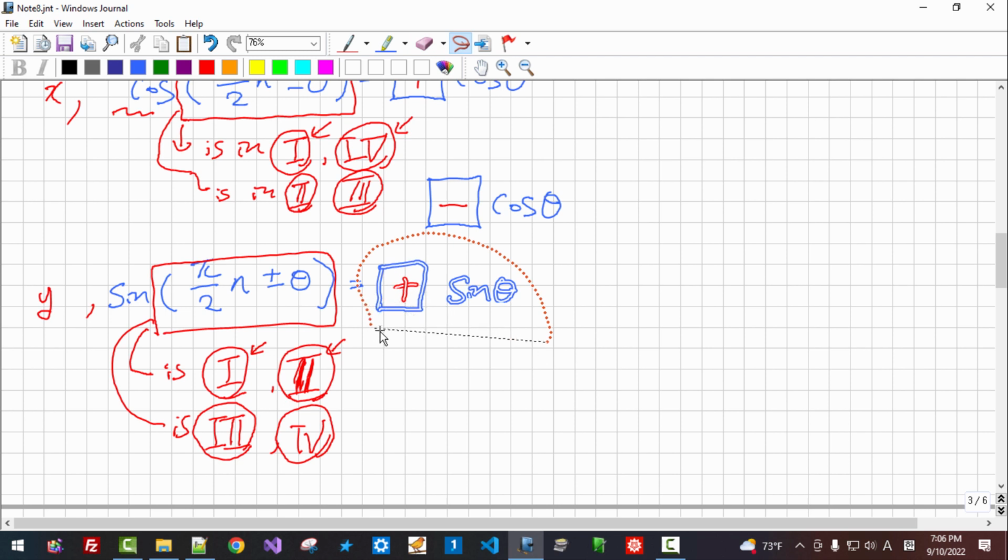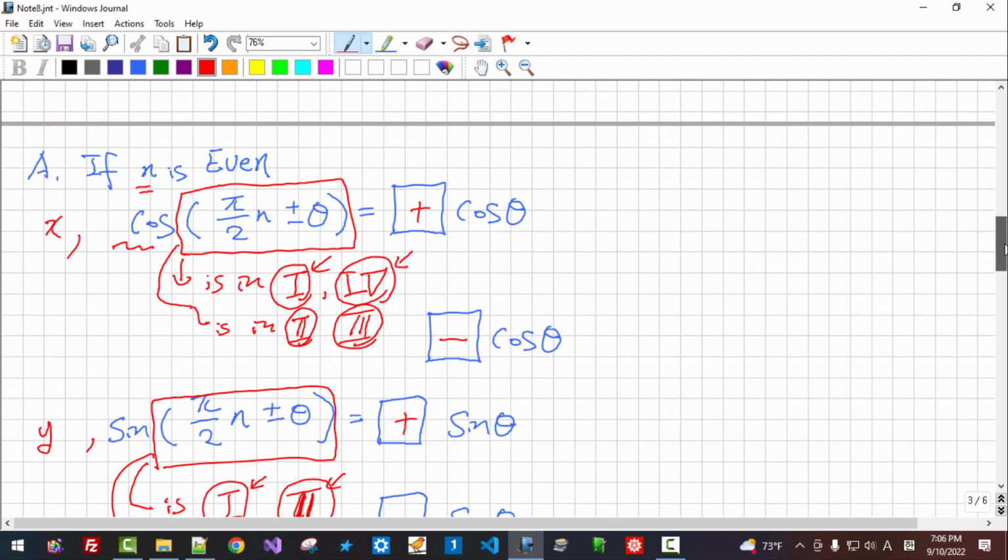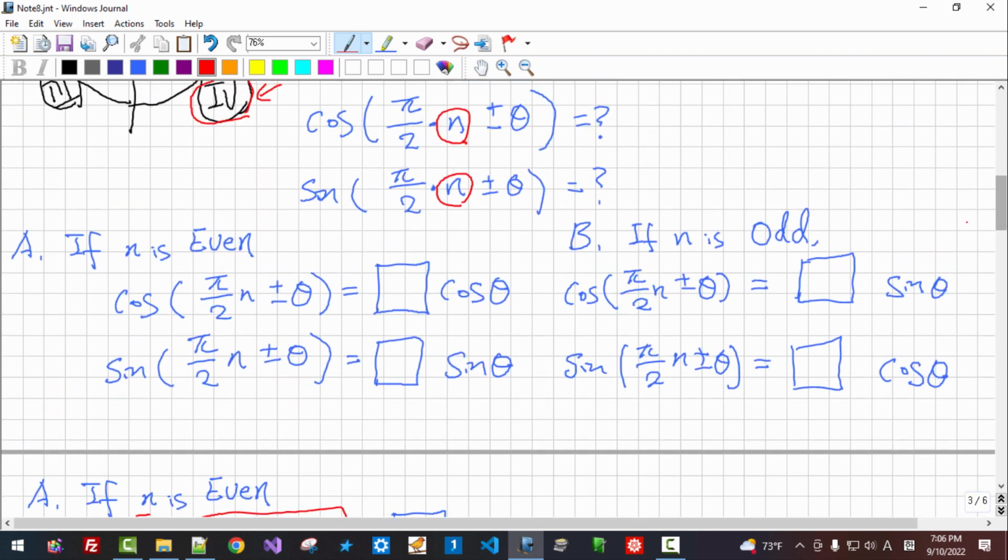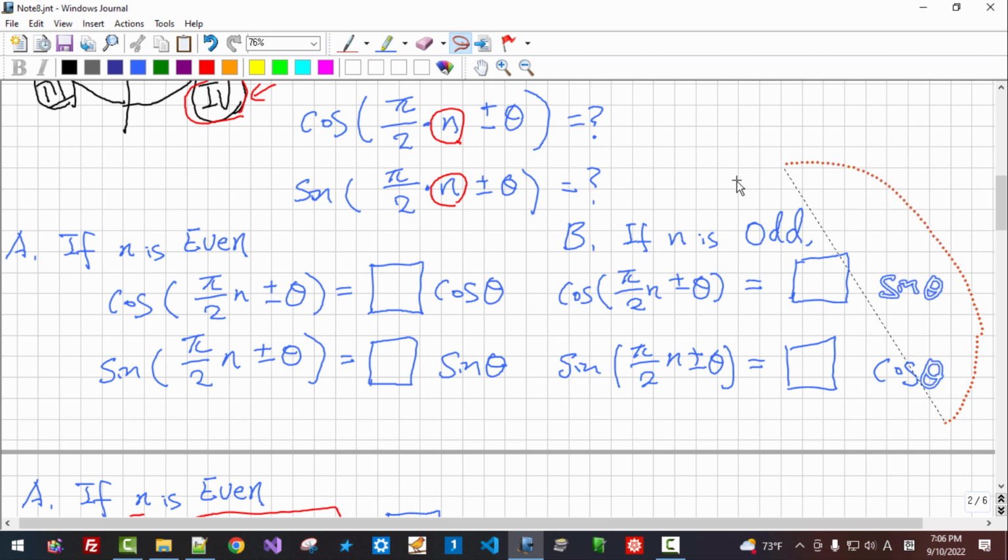So this becomes negative, like this. You have to remember the logic. Now, we scroll up. If n is odd, we will copy.